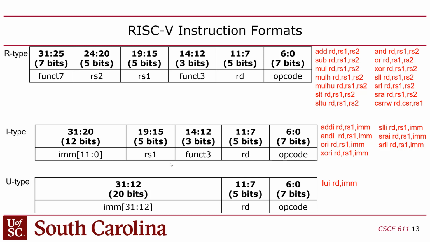There's funct7, funct3, and opcode. So the control information, in order to decipher what instruction you have, is coming from 3 different places scattered throughout the instruction. Which is very inconvenient.